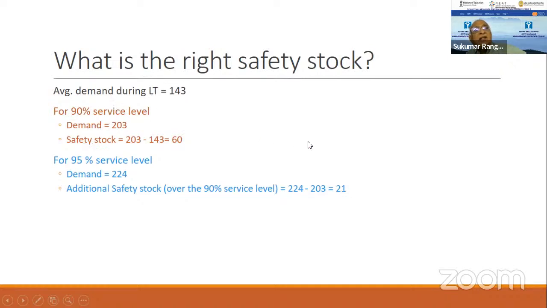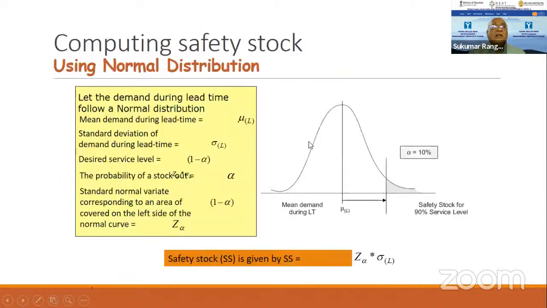Service levels, again, there are other complications. If you want 100%, then the stock level will go very high. What is required for that particular item? If 90% is good enough, then it could be 203. When 95%, it will go up by that much. So these are things which are taken into account.